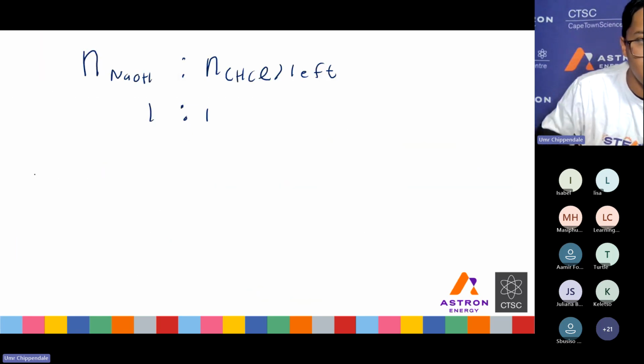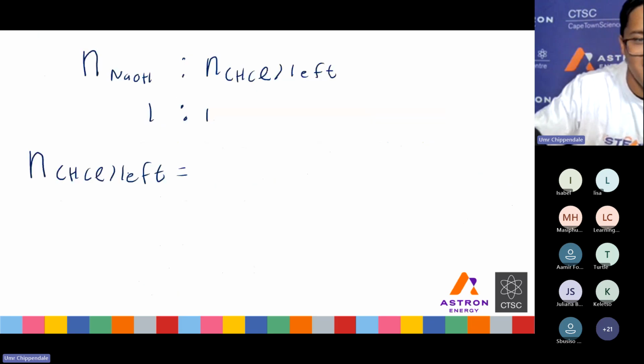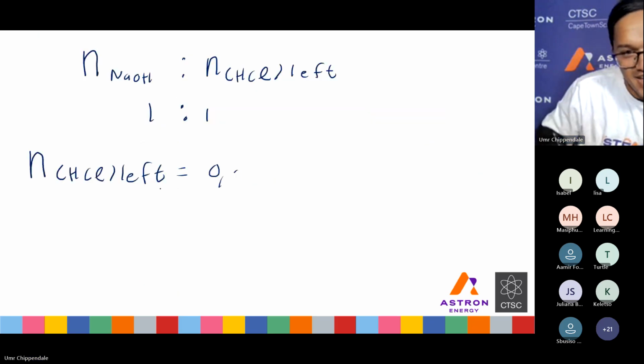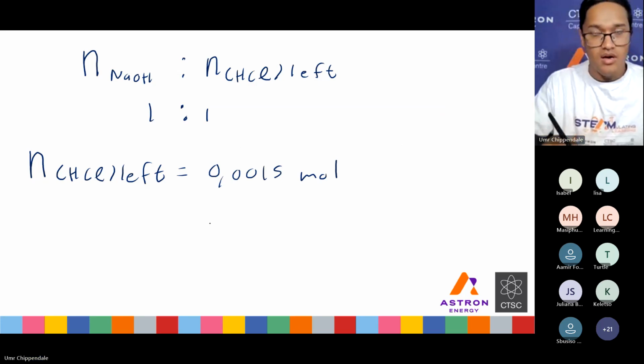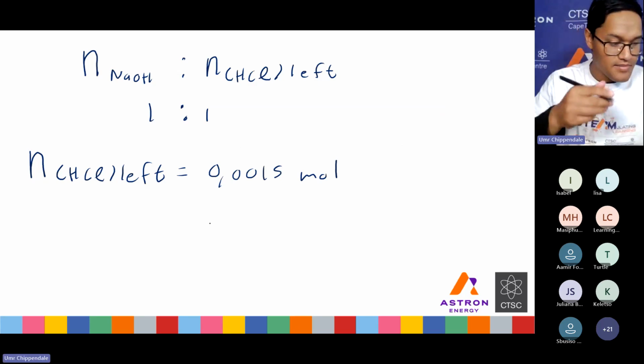So the number of moles of your hydrochloric acid solution that is left is also equal to 0.0015 moles.